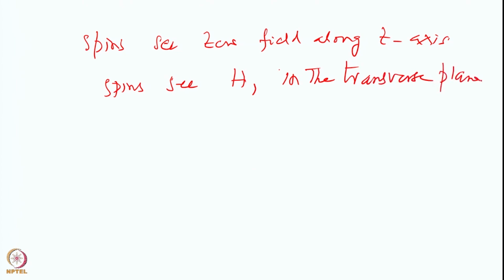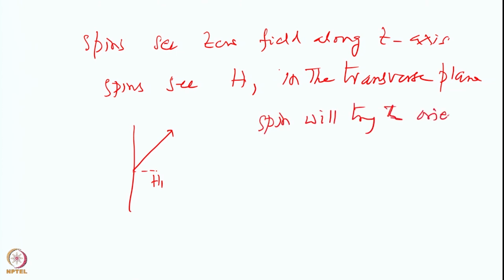So if I draw it here, I have the spin here and I see an H1 field here. So, this spin will interact with this H1. So, it has to orient itself with respect to the H1. So, spins will try to orient with respect to H1.